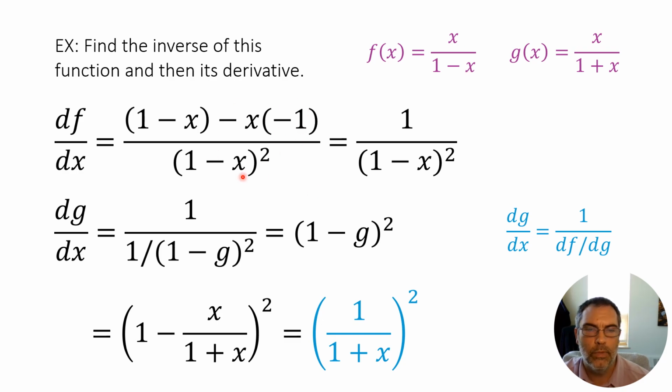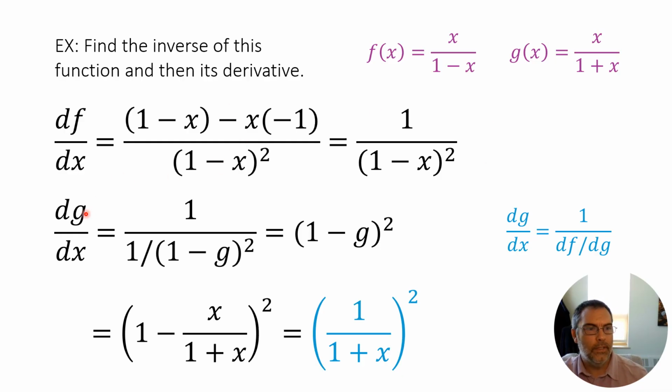And then on the bottom we have 1 minus x squared, the denominator squared. So we're leaving that alone, but then we can simplify the top. 1 minus x times minus 1, minus minus gives us plus. So 1 minus x plus x is just 1. That's our derivative for the original function.